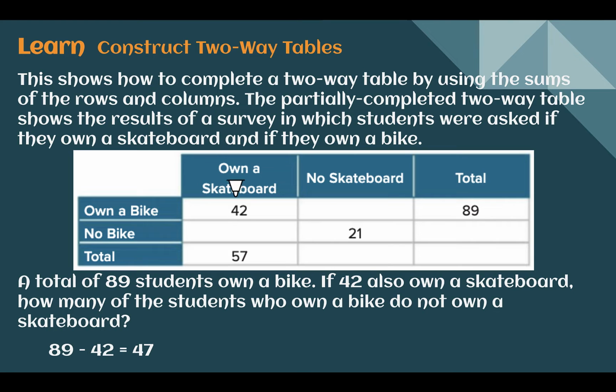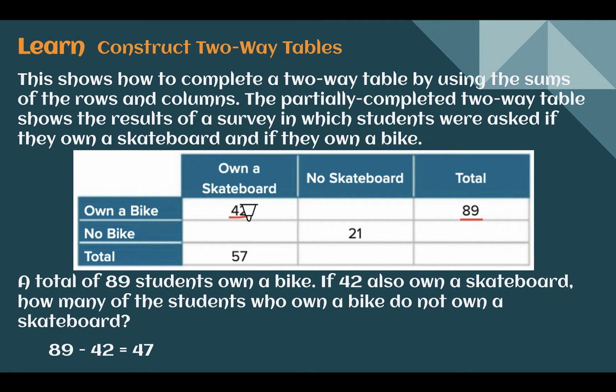We can see 42 students own a bike and owned a skateboard. 21 students, no skateboard and no bike. There were 89 total people who owned a bike and 57 total people who own a skateboard. So based on what we're given, we can start to fill in some missing information. Here we can see 89 total people own a bike.